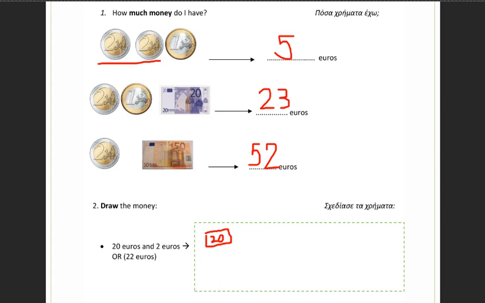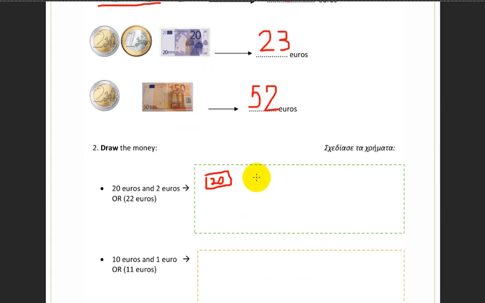And also for the coin, I can just make a circle and write 2 in it. If you want to be very precise, you could make a circle outside that circle to separate it from the 2-cent coin. But since we haven't talked about the cent coin yet, you don't have to.